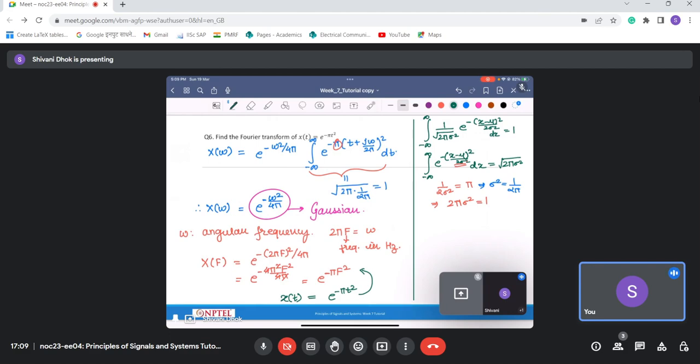It has the same form if I consider the frequency in hertz. You can simply take this e power minus pi f square and substitute f as omega upon 2 pi and simplify to get back the Fourier transform. This is an important and interesting property of the Gaussian function. Any questions at this point?